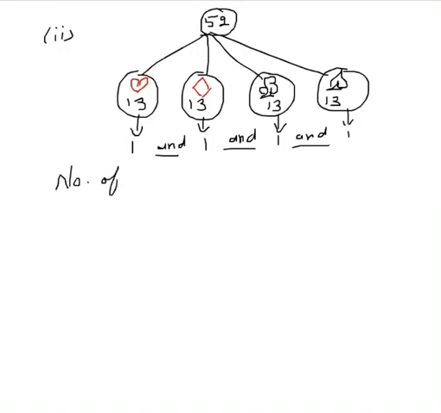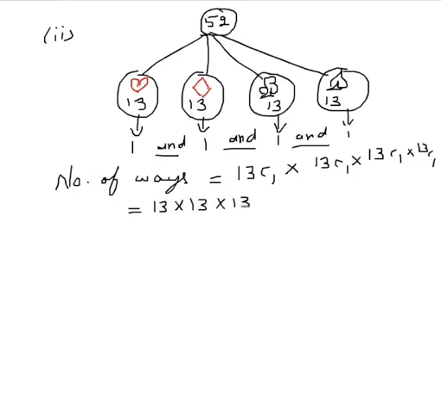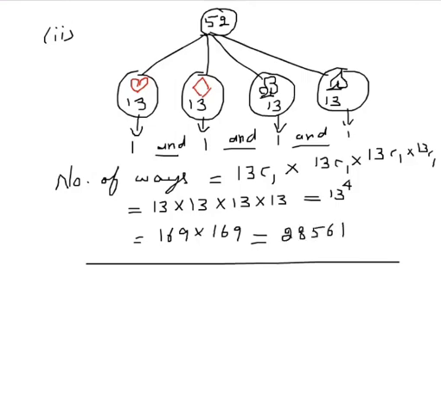Therefore, number of ways is equal to 13C1, and so we need to multiply 13C1 into 13C1 into 13C1. 13C1 is 13. It becomes 13 power 4, which is 169 into 169. The answer is 28561.